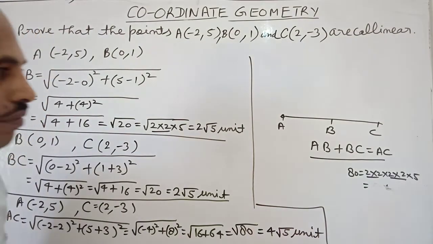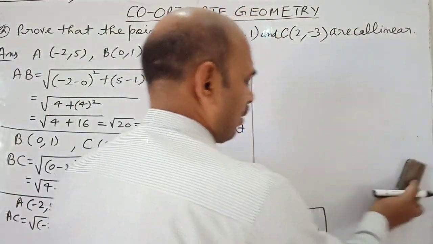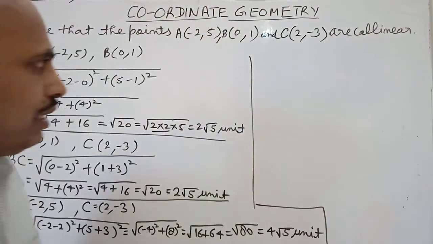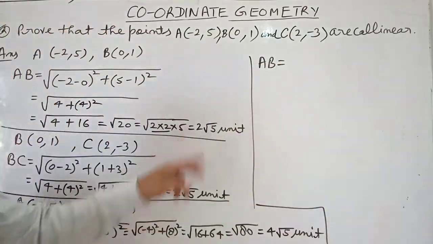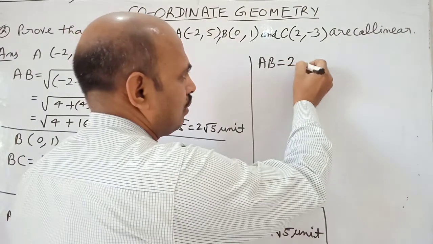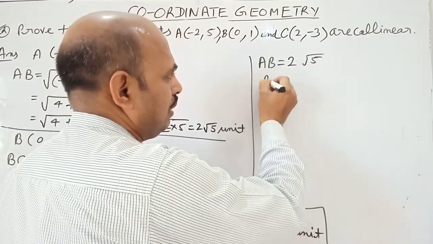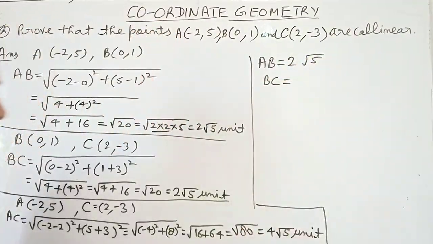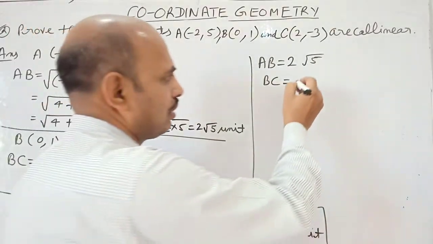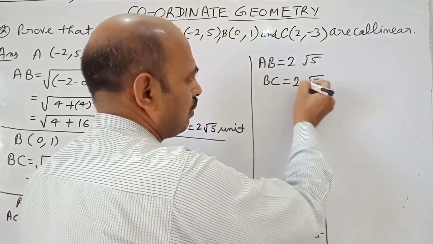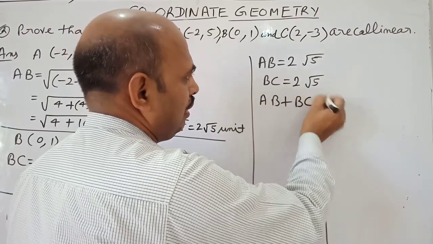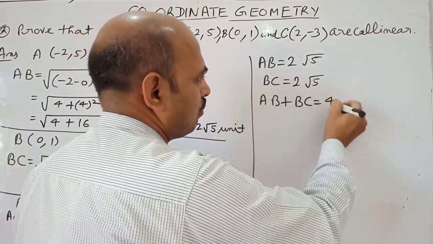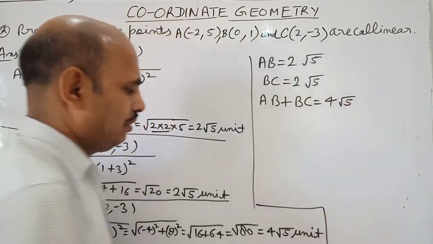Now AB is 2 root 5. BC is also 2 root 5. So AB plus BC is 2 plus 2, 4 root 5.